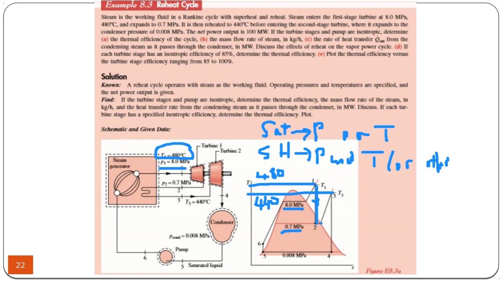Then it expands into the condenser pressure, which is exactly the same as the previous ones. So we have two turbine works, first this one and that one. We have to sum them up to obtain the total turbine work. Then the rest of the cycle is exactly the same.